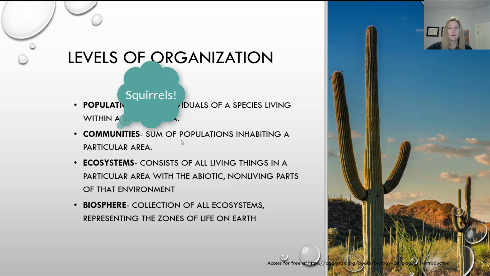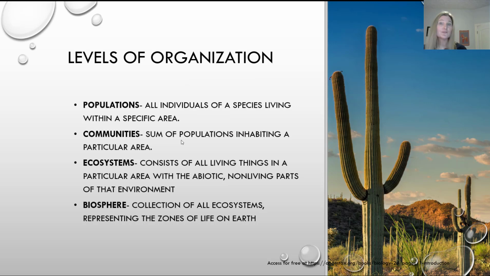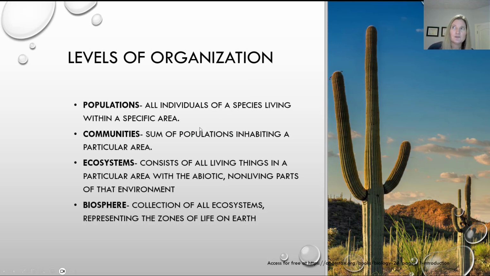I could be studying the dark-eyed junco population, or the Douglas fir tree population, or whatever different species and populations are in my backyard, and how they are interacting. Okay, so at my bird feeder, I have the dark-eyed juncos getting the birdseed, but then the eastern gray squirrels are also there, and so how are they interacting together?